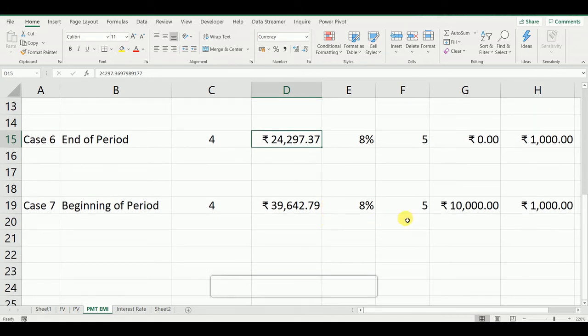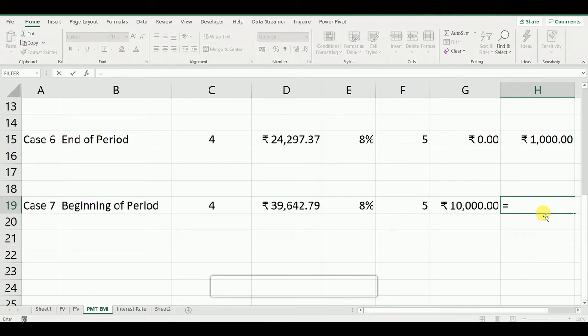Now in this case, we have invested 10,000 rupees today, and we want to get the 39,642. So how much we have to invest per quarter at the rate 8%? So that we will see now. Is equal to PMT bracket start. Now rate of interest is 8% divided by 4 to get the quarterly interest.